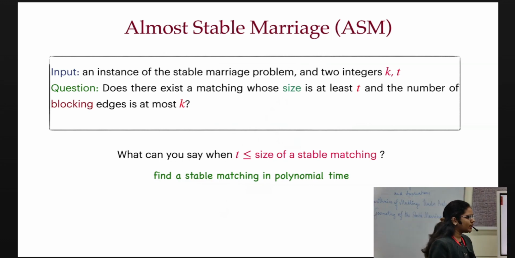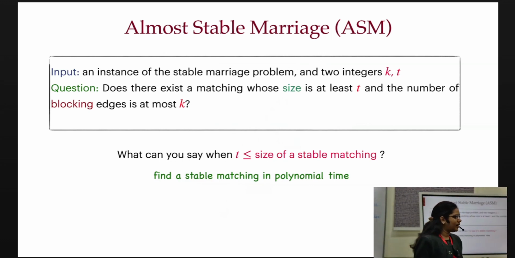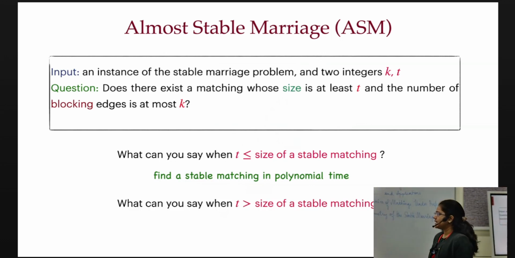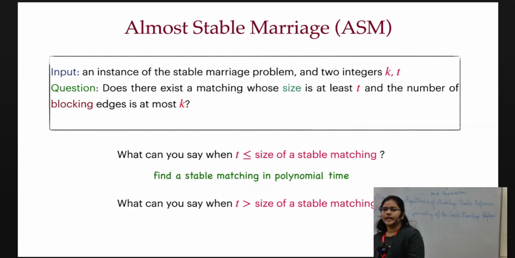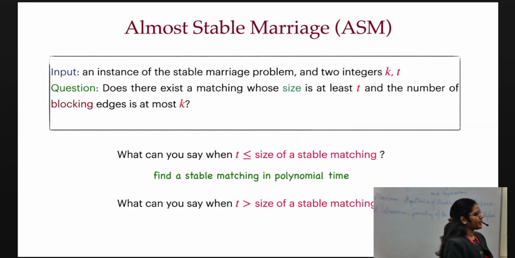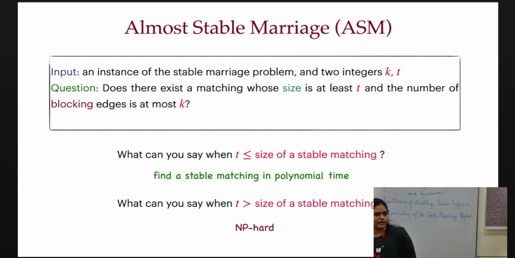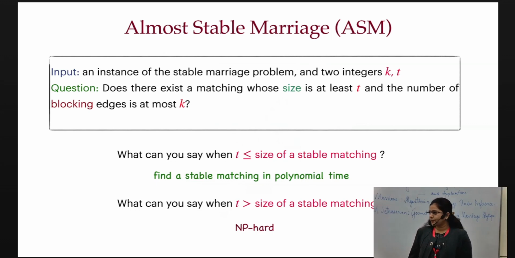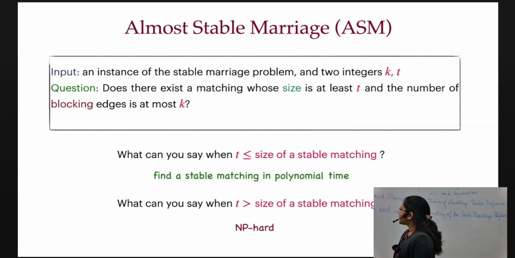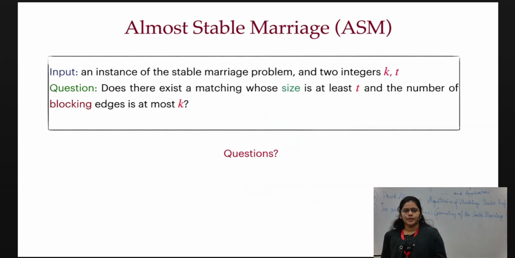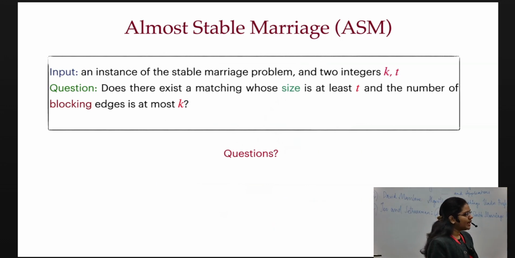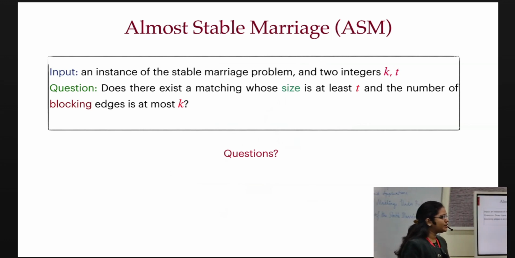So this question is not interesting for us when t is small. The question makes sense when t is greater than the size of a stable matching. So this question is NP hard, and we will look at it. In general I told you that the question is NP hard. Now, what are the meaningful questions when we know that some problem is NP hard?